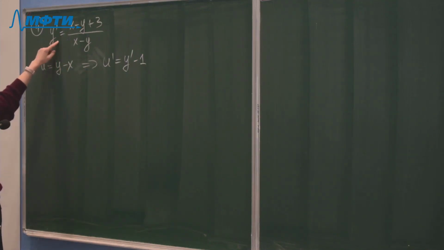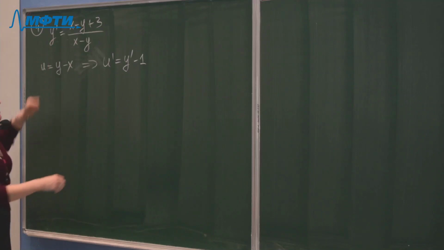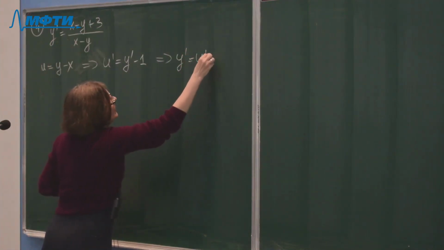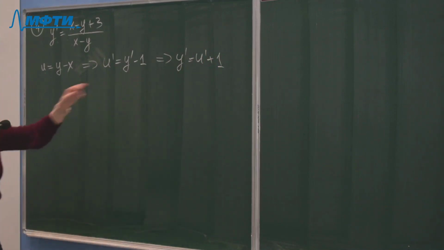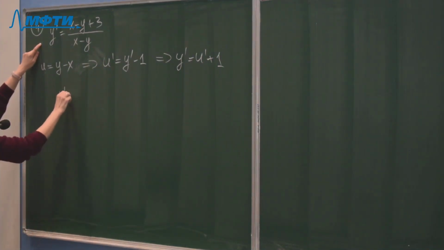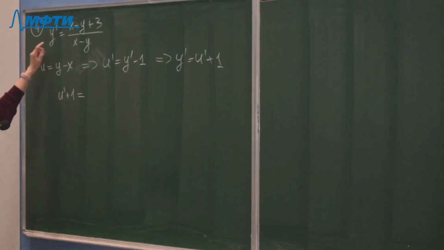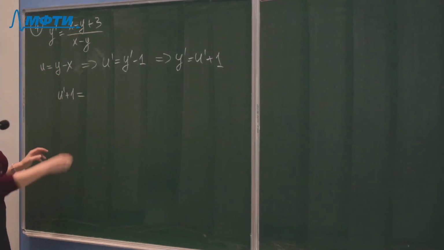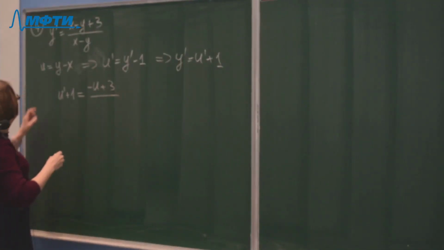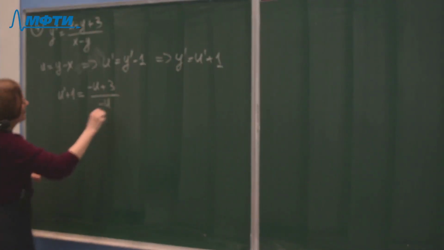Next, substitute, and so we have y prime equals u prime plus 1. Substitute this for y prime, and we will get u prime plus 1 equals, then x minus y will be minus u, so (minus u plus 3) over minus u.